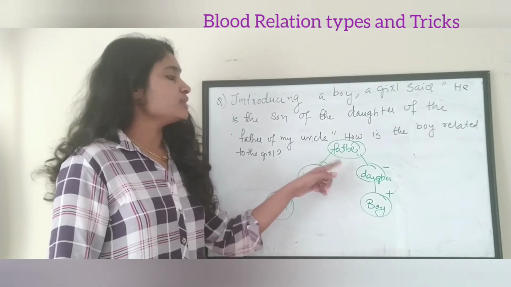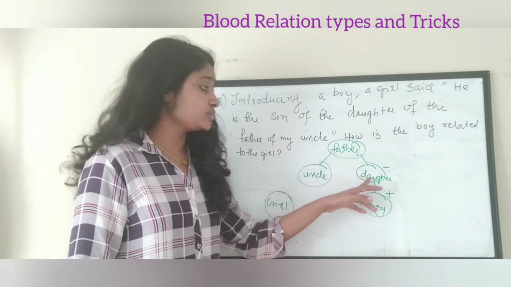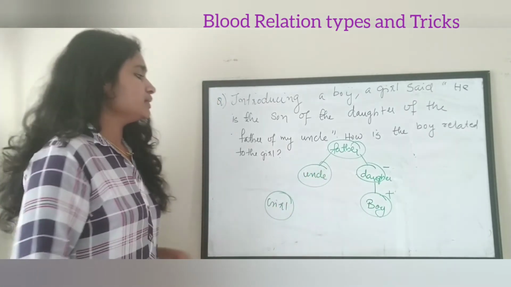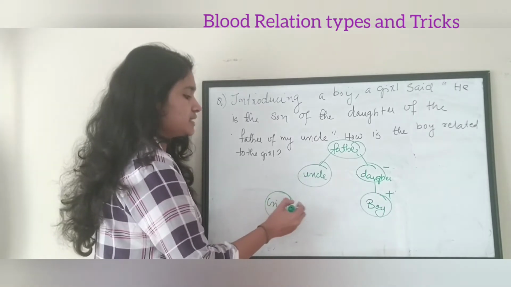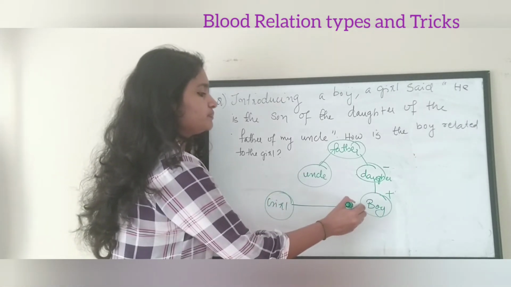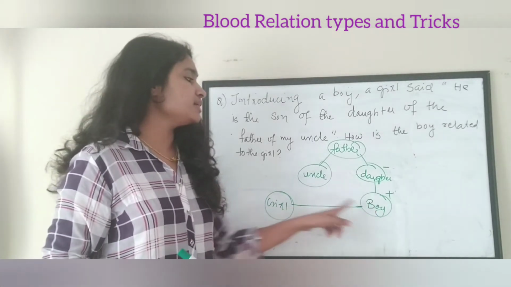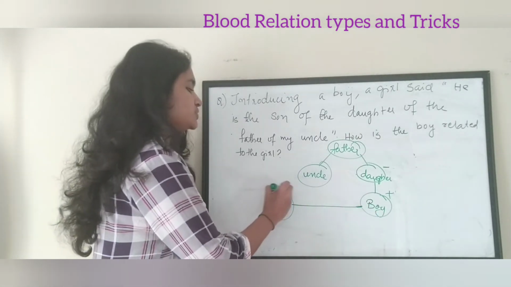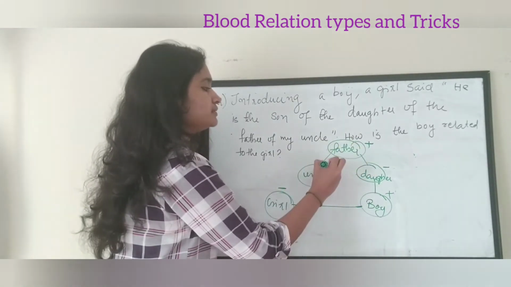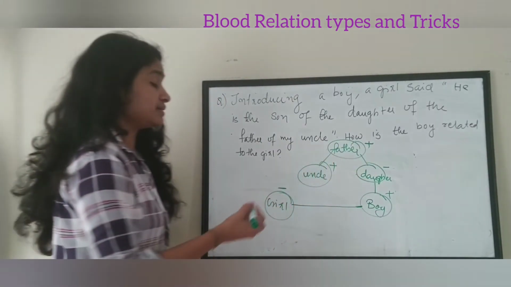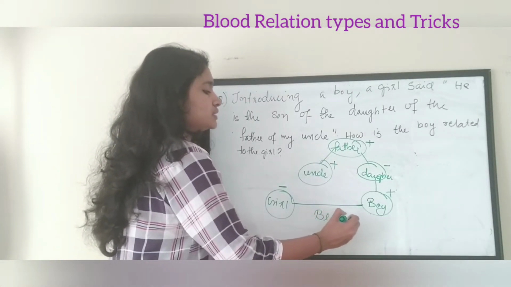So if let us assume that this father is having a daughter and a son, then if the girl is saying that this person is my uncle, means the girl can be the sister of the boy. So the relationship between the girl and the boy will be, so here this is a female person, here it is a male, this is again a male because it is an uncle. So the boy is the brother of this girl.